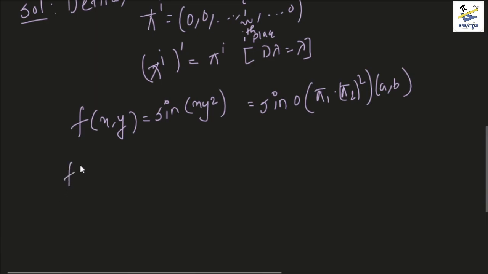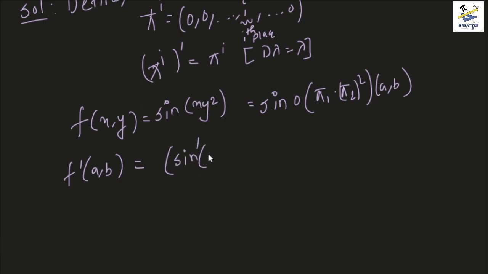So the derivative f dash at a, b according to the chain rule should be, firstly, the derivative of sine with the argument pi 1 into pi 2 squared. Let me just write it down cleanly, because this wouldn't make much sense if I do not write it clearly.